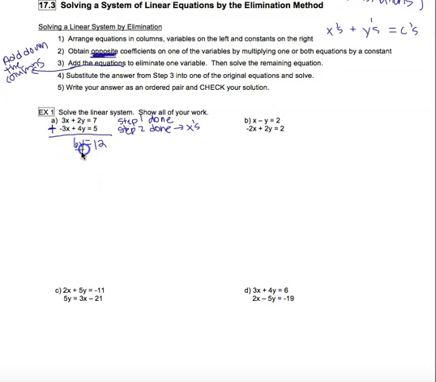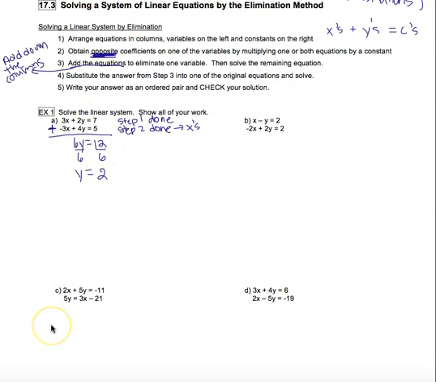So to solve for y here, I just need to divide both sides by 6. That gives me y equals 2. So now step 4, substitute this answer from step 3, the y equals 2, into one of the original equations and solve. Again, just like with the last lesson, it doesn't matter which original equation you choose.